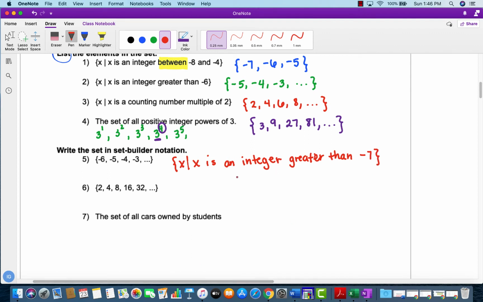There are many ways to write this. You can also say x is an integer greater than or equal to -6 because it starts at -6. So that will be another option to write this answer.